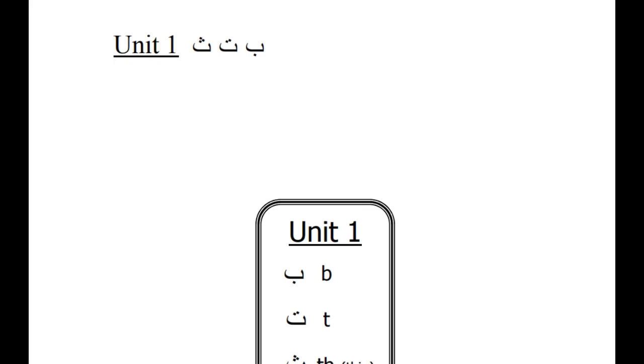This course is not following the alphabet order, a, ba, ta, tha. Later on, we will do the whole alphabet in order. This course is designed dividing the letters according to the writing system. There are letters in Arabic or groups of letters in Arabic that look alike.